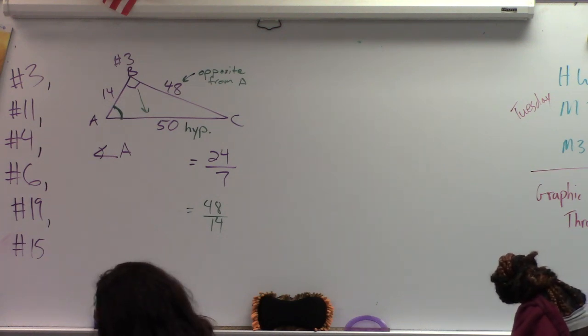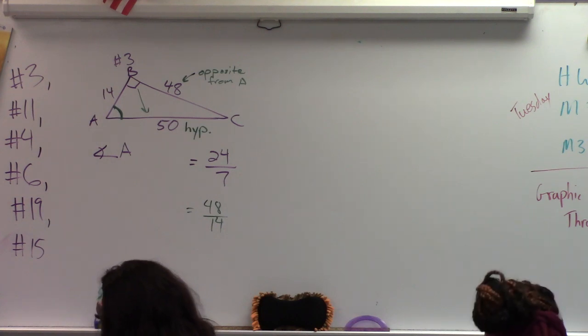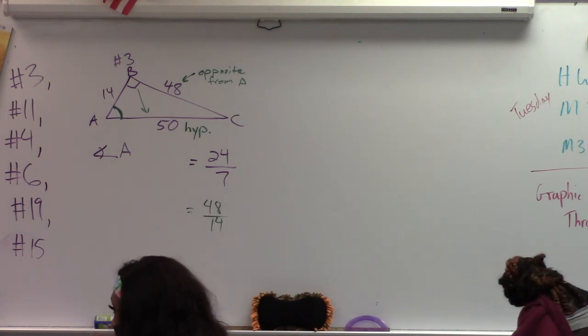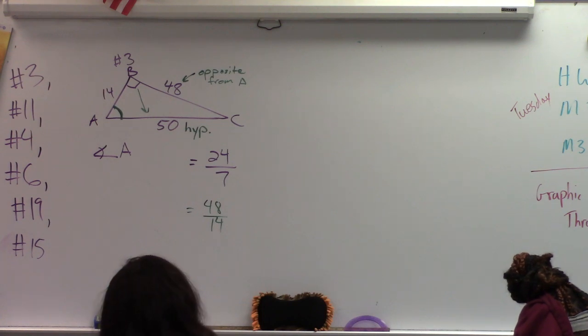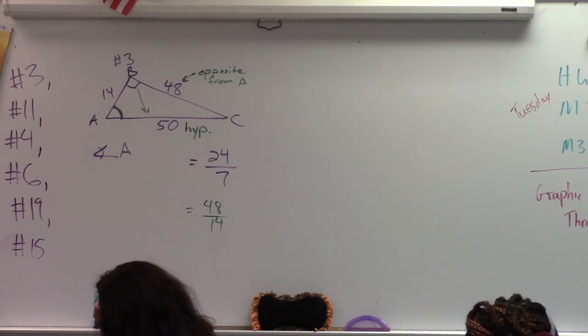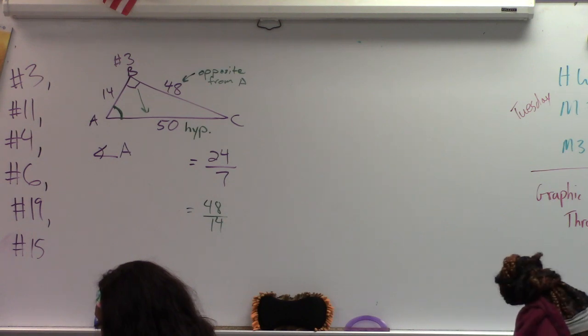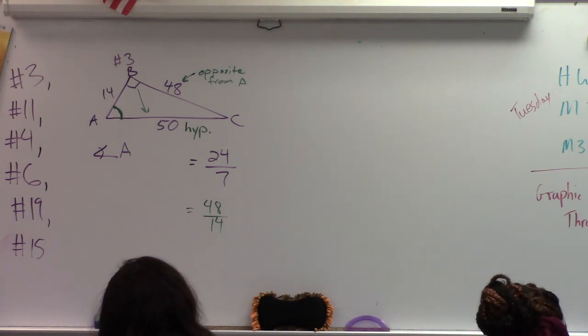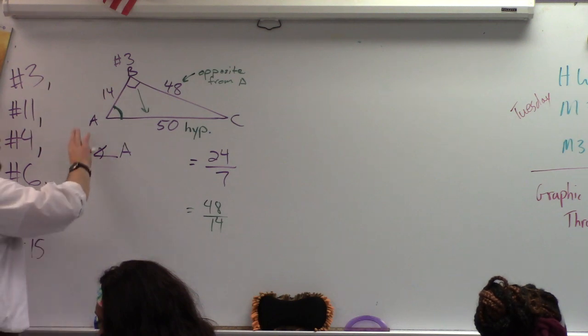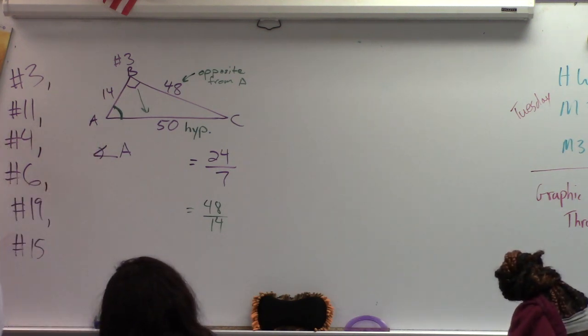It's hard to understand when we don't know the proper terminology and language. Rin just gave us the answer. It's our reference angle. So it is opposite from angle A.